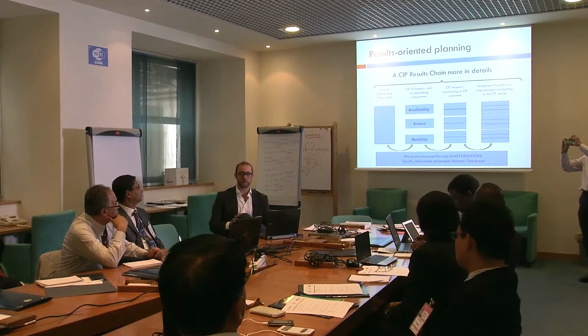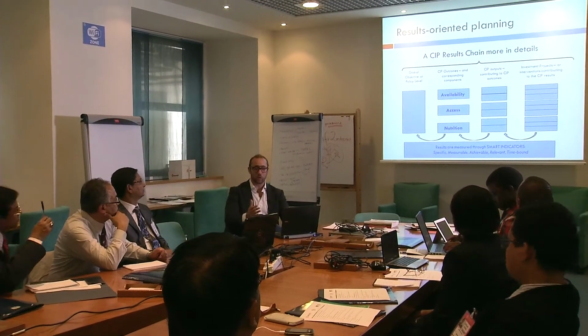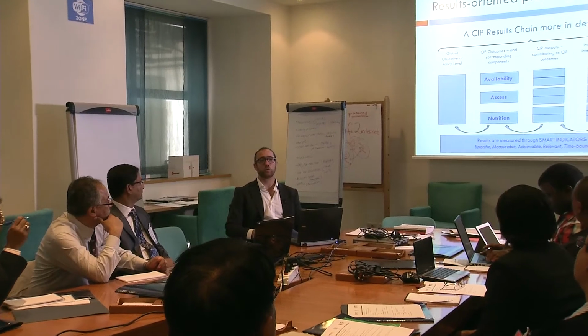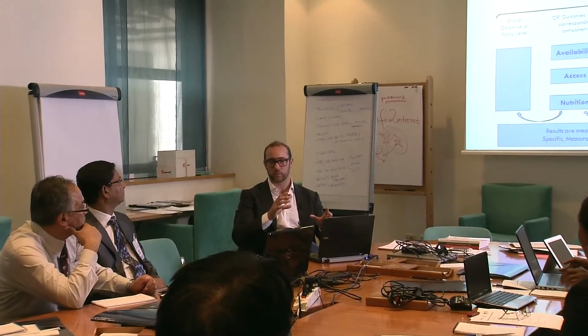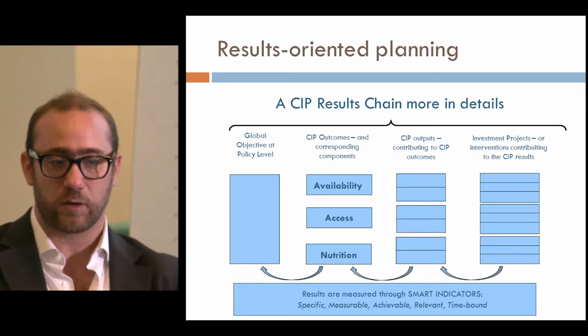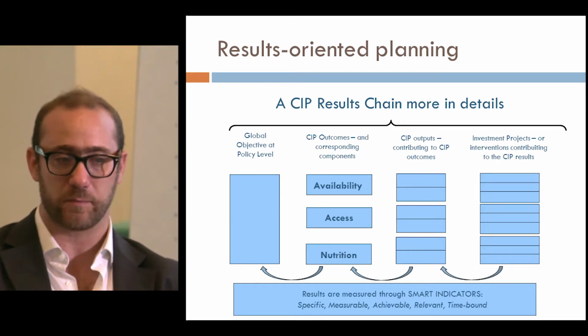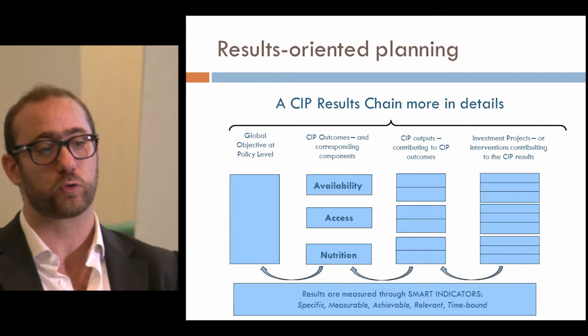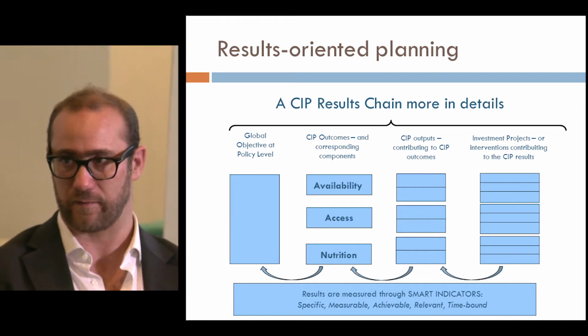We have a list of investment projects. They all contribute to one or more outputs, right? Many activities contribute to a reduced number of outputs because we are narrowing down. Then all these outputs contribute to the outcomes, which in turn contribute to the impact of an investment plan.